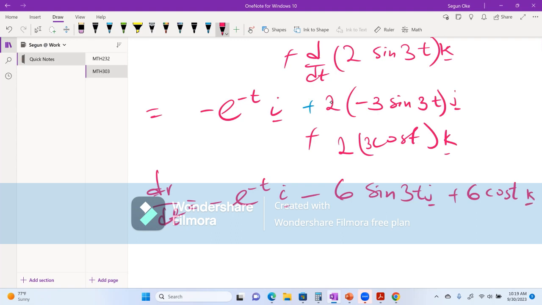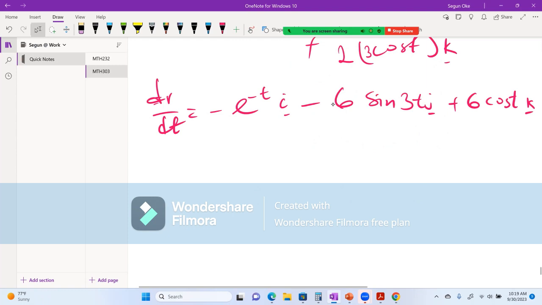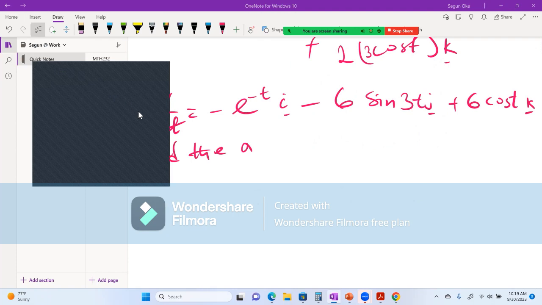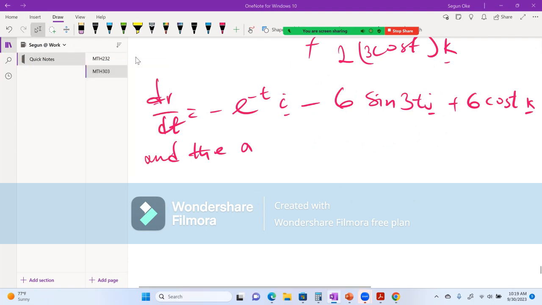Okay. So for acceleration, how do we solve acceleration? Acceleration means second derivative; you have to differentiate the velocity.